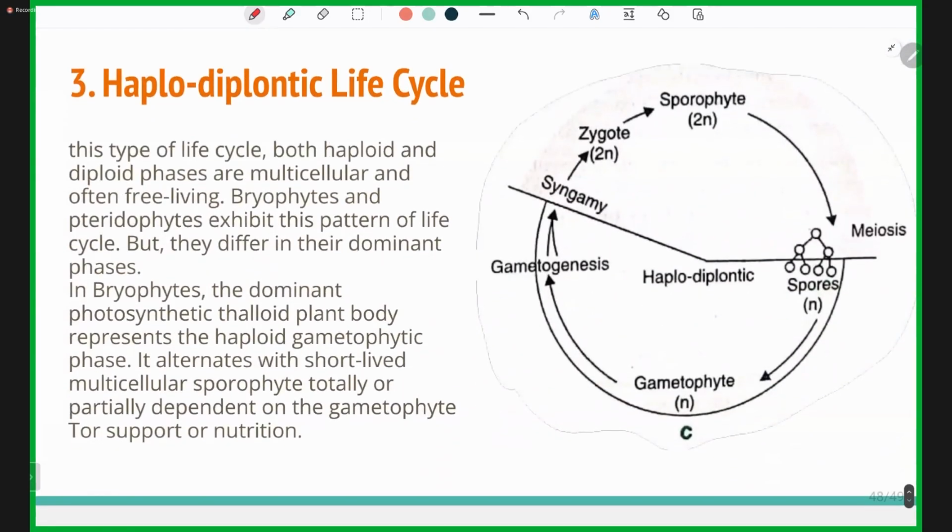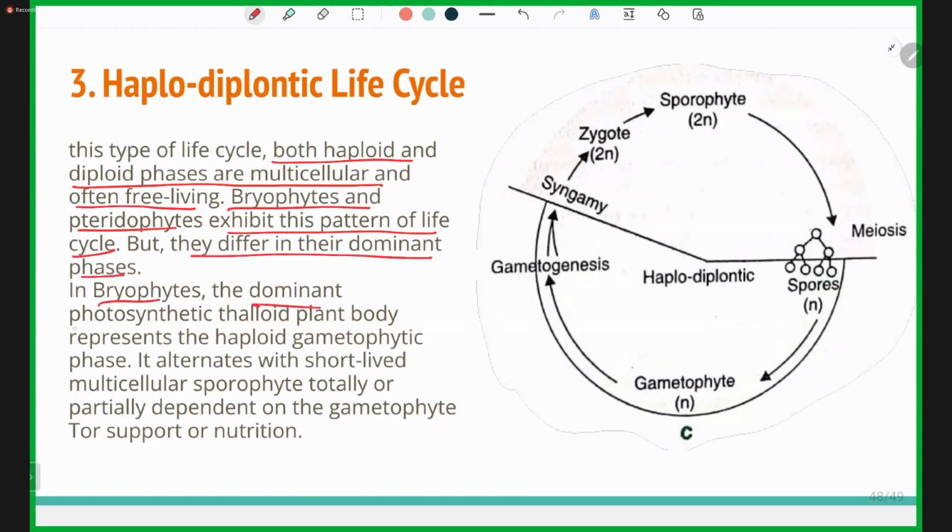Now, the haplodiplontic life cycle. In the haplodiplontic life cycle, the plant body has almost equal sporophytic and gametophytic phases. In this type, both haploid and diploid phases are multicellular, often free-living. Bryophytes and pteridophytes exhibit this pattern of life cycle, but they differ in their dominant phases. In bryophytes, the dominant photosynthetic plant body is the haploid gametophyte.